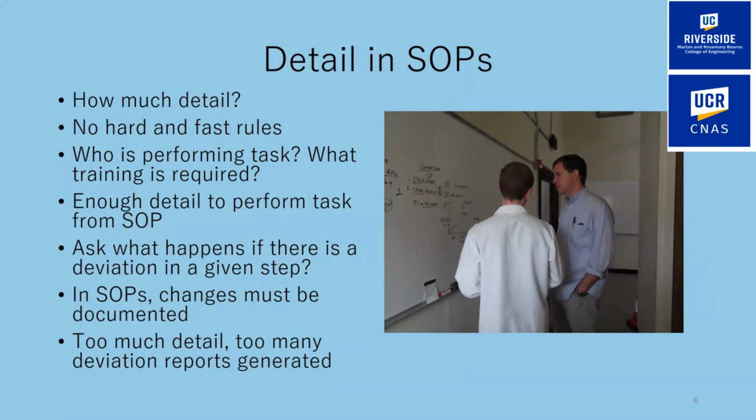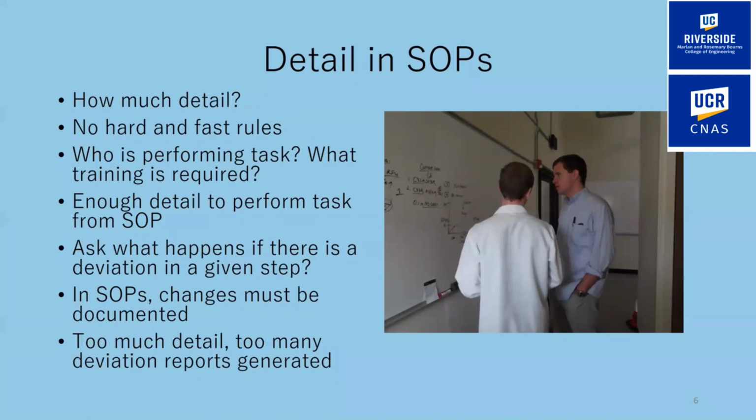And so, for example, if your SOP says that somebody must be trained on the MIC qPCR thermocycler that we have, then the standard operating procedure for using that machine or for doing a particular kind of assay on it can be written with that training in mind, but that training must be specified.